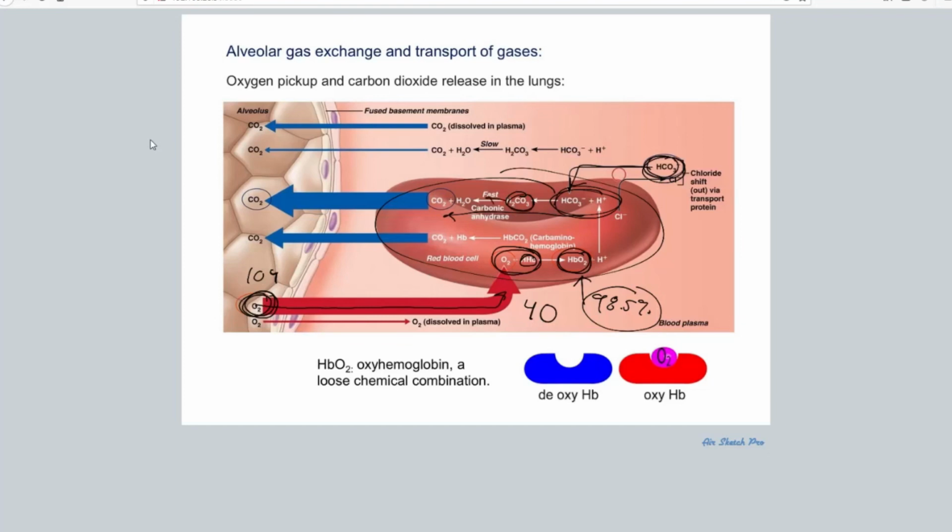Then that dissociates into water and carbon dioxide. And that allows carbon dioxide to move down its pressure gradient from an area of 46 to 40. Okay, and I expect you guys to be able to put all this together, including how these gases are being transported through the blood.